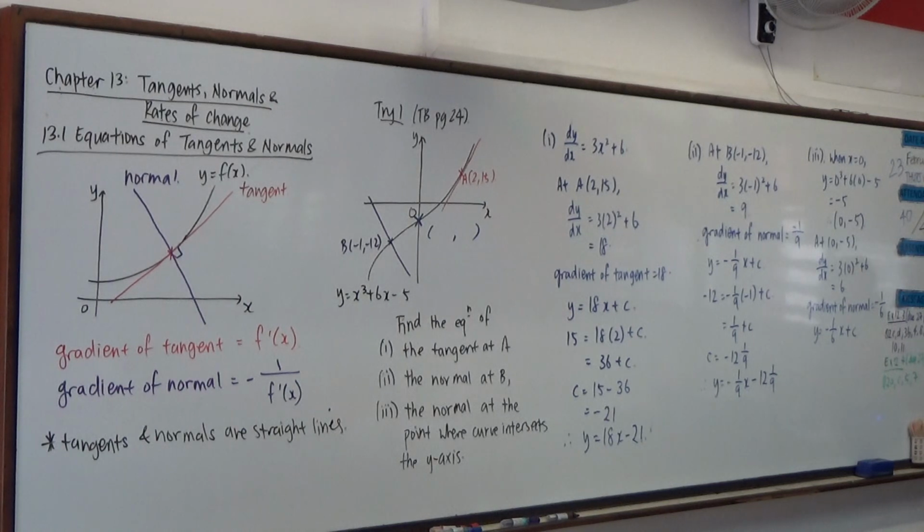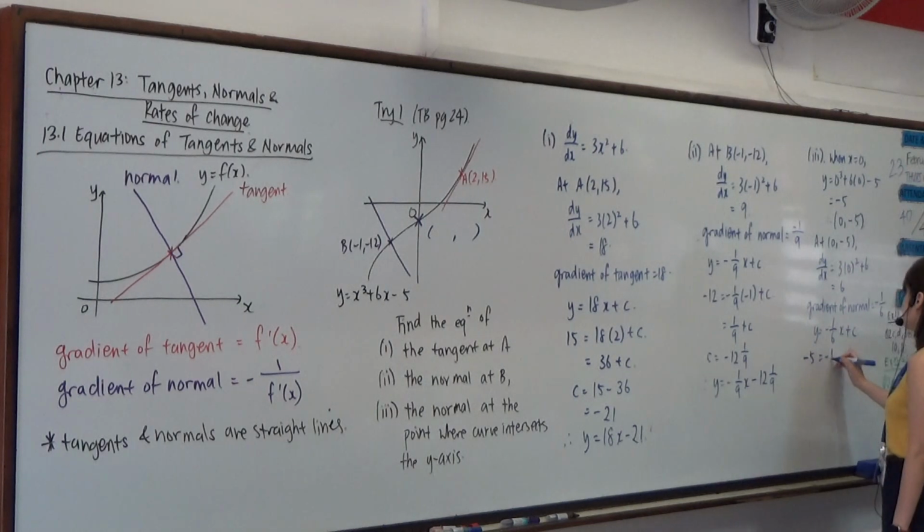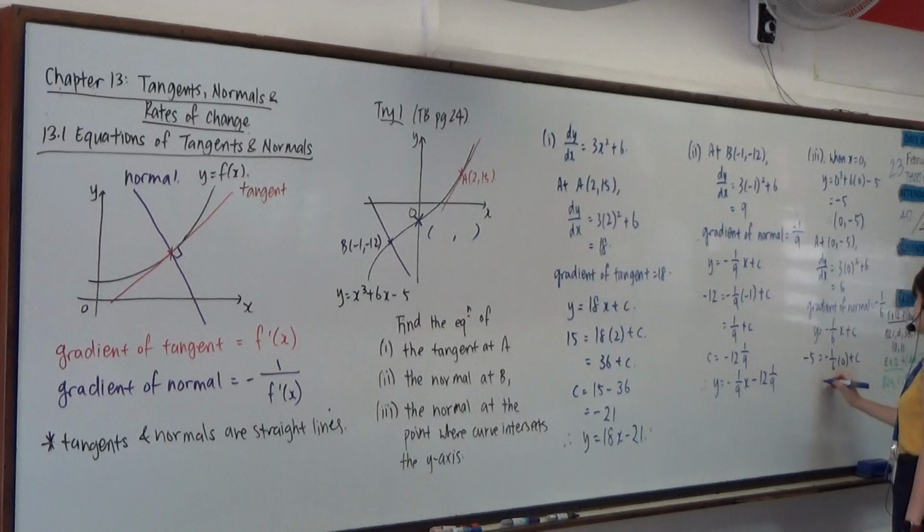Then after that we find the equation of the normal. Using the same point (0, negative 5), our c will be equals to negative 5.